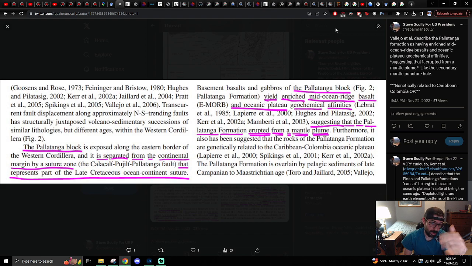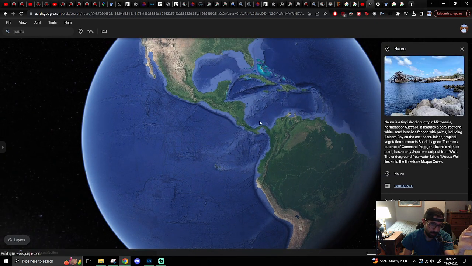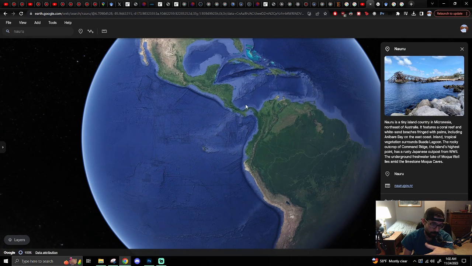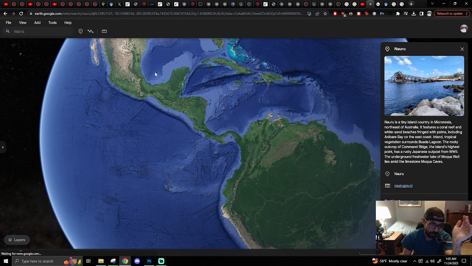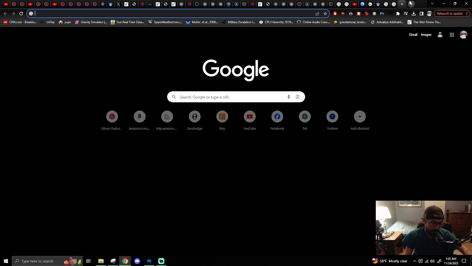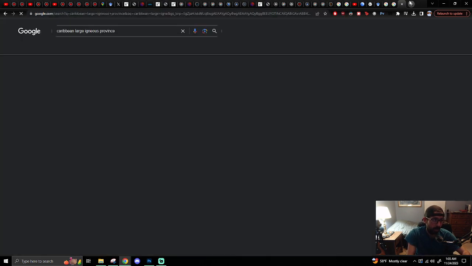So that would suggest that this region is composed of also secondary mantle puncture hole emissions that flowed out here and then went up this way, went between the continents and went through this way and created the Caribbean Large Igneous Province.